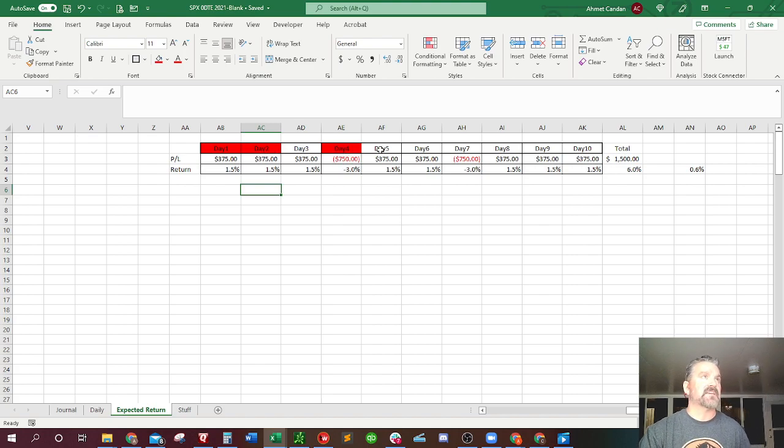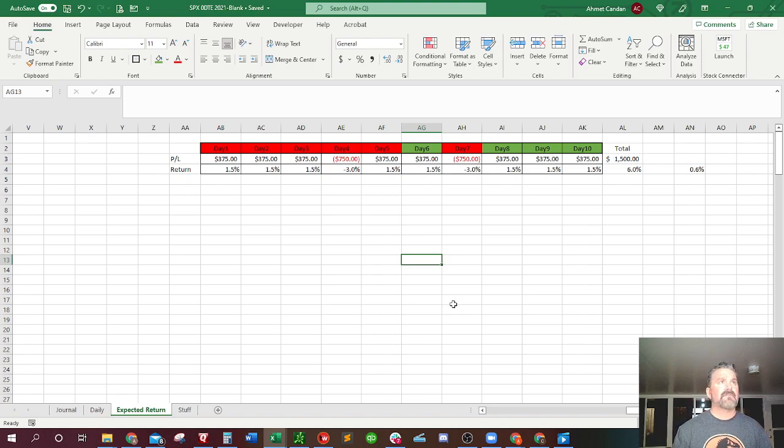And that makes absolute sense. Well, you can say the same thing about this day. That one red day right there knocked out this day and that day. So, in the end, I actually only have averaged out 4 green days that actually count toward my profit, my P&L, right? 4 green days at $375 profit each of those 4 days.